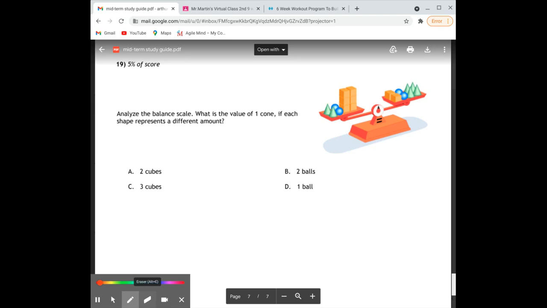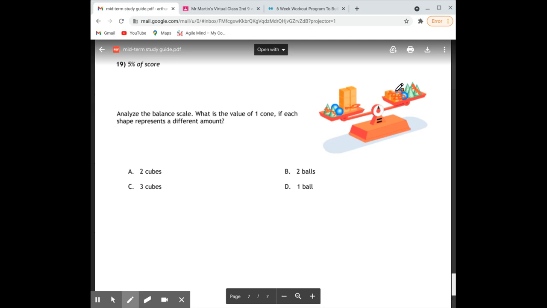Analyze the balance scale. What is the value of one cone if each shape represents a different amount? I put it equals to 2 cubes. All right, so what did you do to find your answer? Well, I just saw that it had 2 more cones than the left side did, and it didn't have 4 of the blocks on the side. So I divided the 4 blocks by 2 because that's how many cones were left.